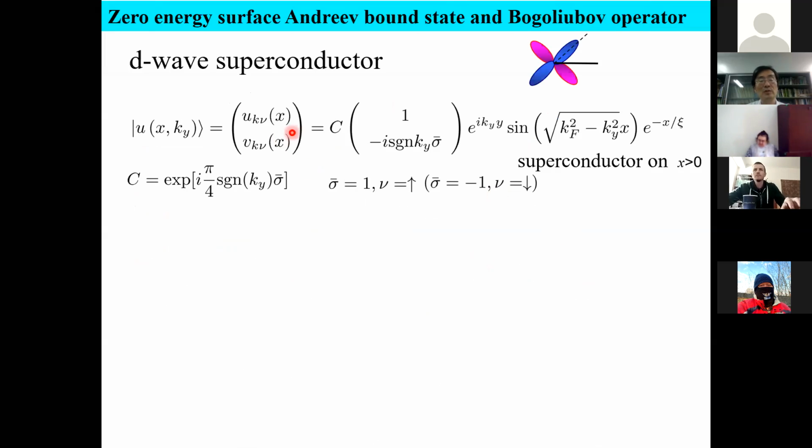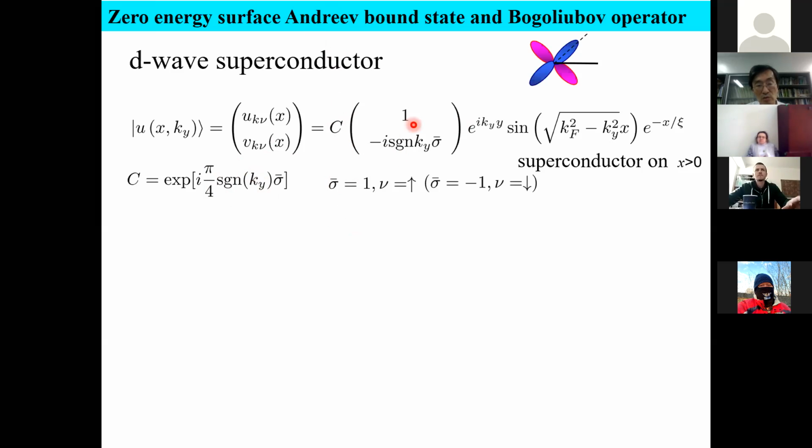In the D-wave case, the zero energy state solution is given like that. But we must be careful that this constant C depends on the direction of spin and also the sign of momentum Ky. Ky is the momentum parallel to the surface. So it's a little bit complicated.